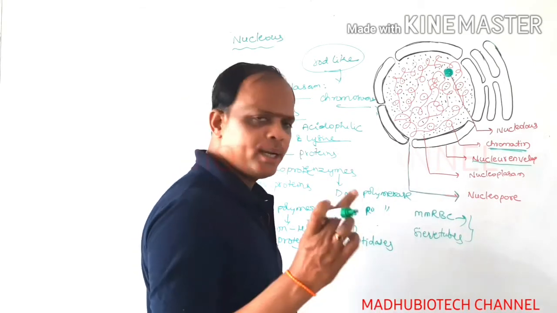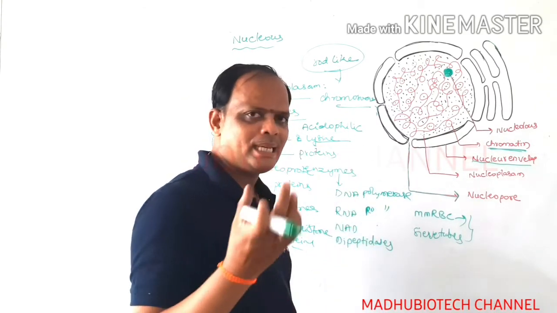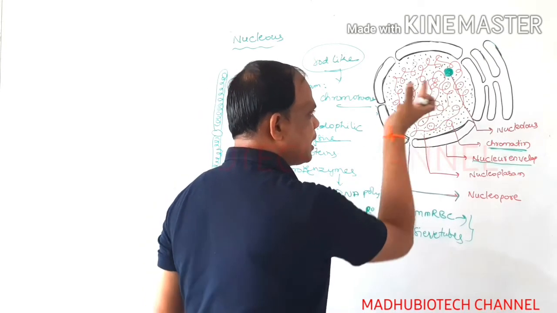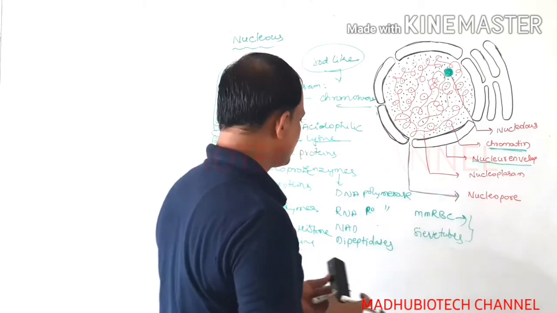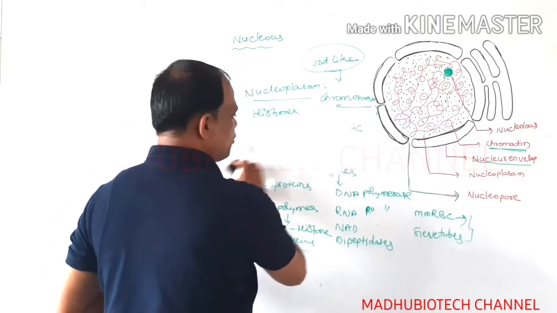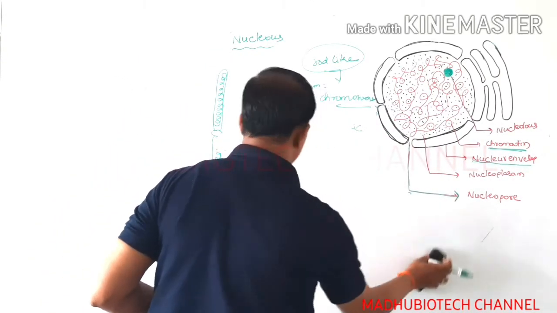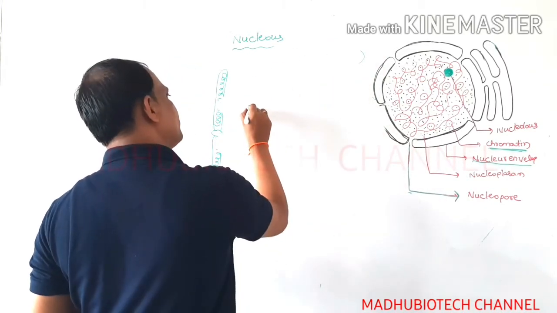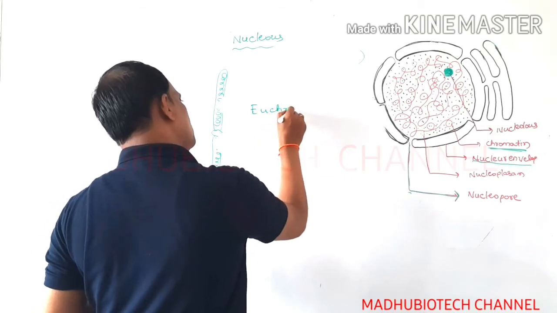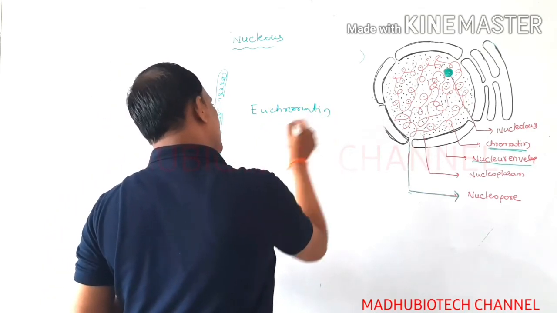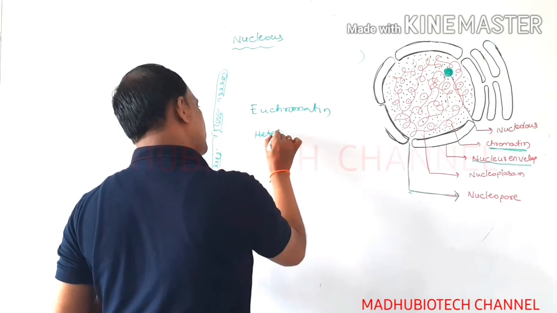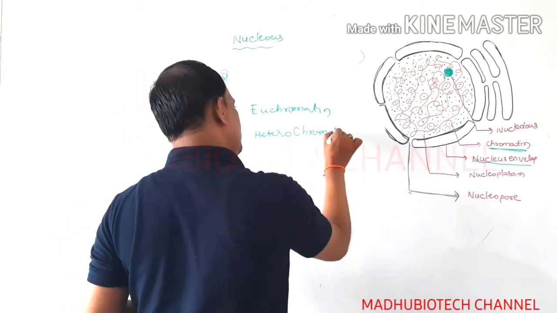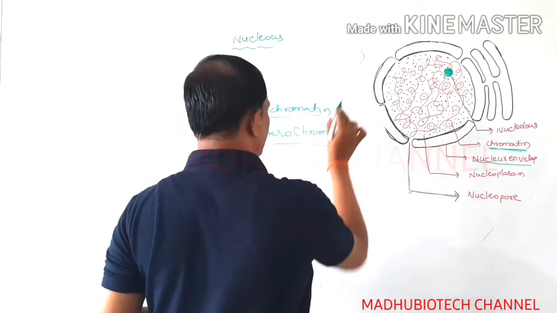When Fleming stained with several types of pigments, the chromatin formed two types: euchromatin and heterochromatin.